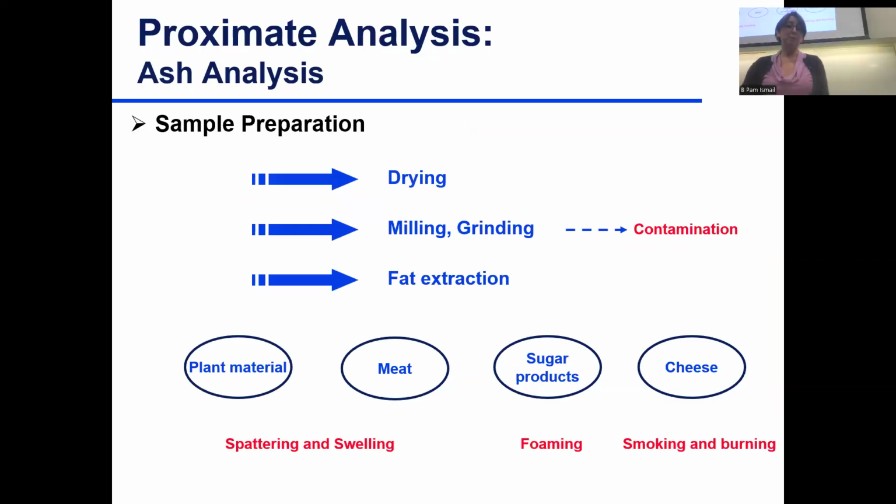So sample preparation, the first thing we have to do for high moisture food is dry. Why is that? Remember in ashing, you put the sample in something we call a muffle furnace oven, very high temperature, minimum of 450 degrees C, 550 is the average.